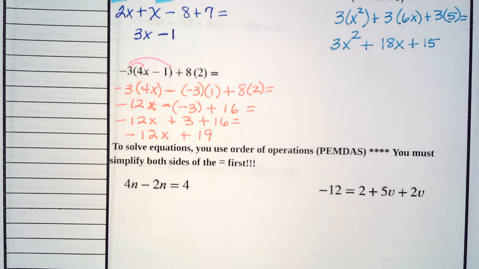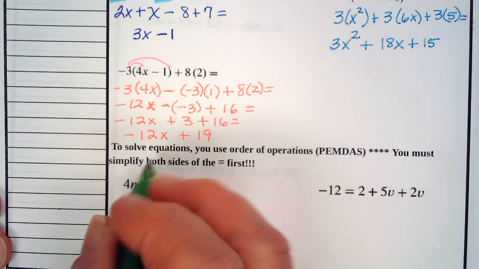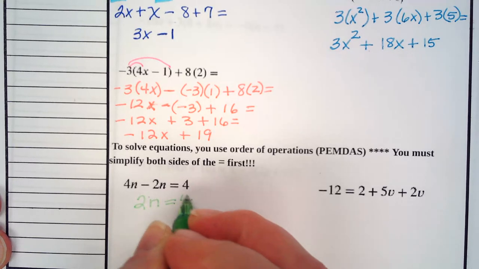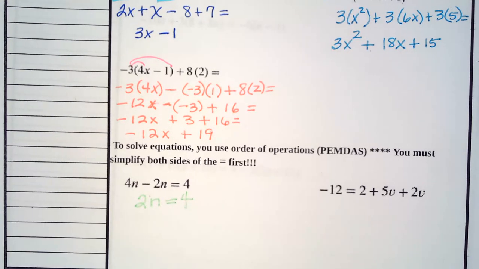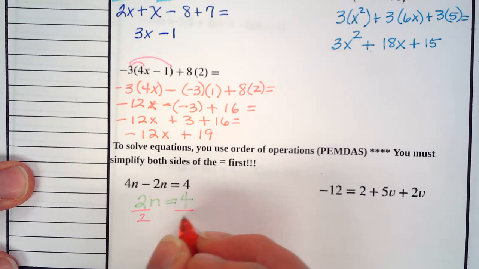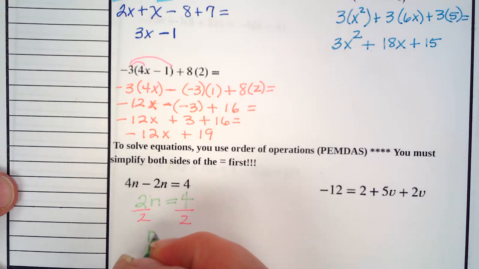No. Step 1, simplify both sides of the equation. 4n minus 2n, 4 minus 2 is 2n is equal to 4. Now I will divide both sides by 2, and n is equal to 2.